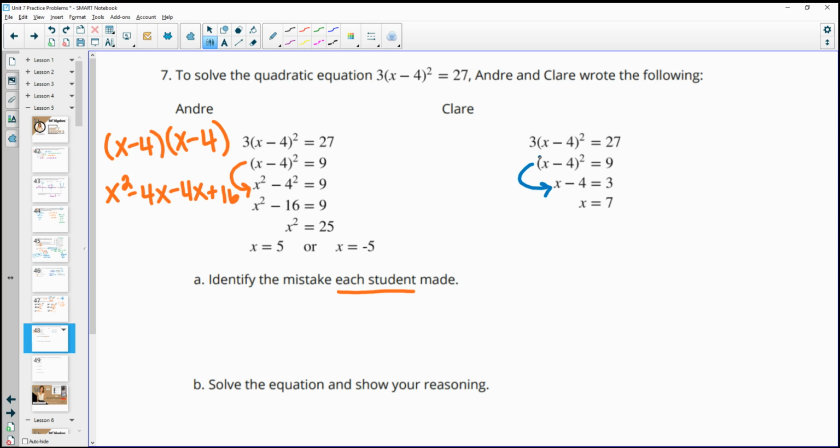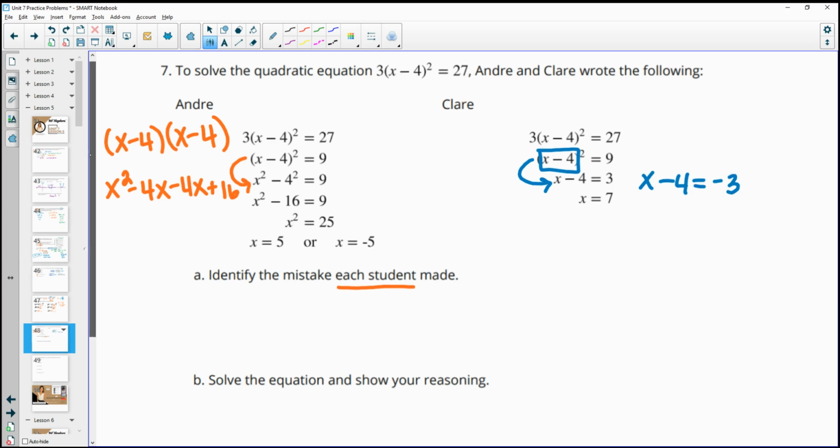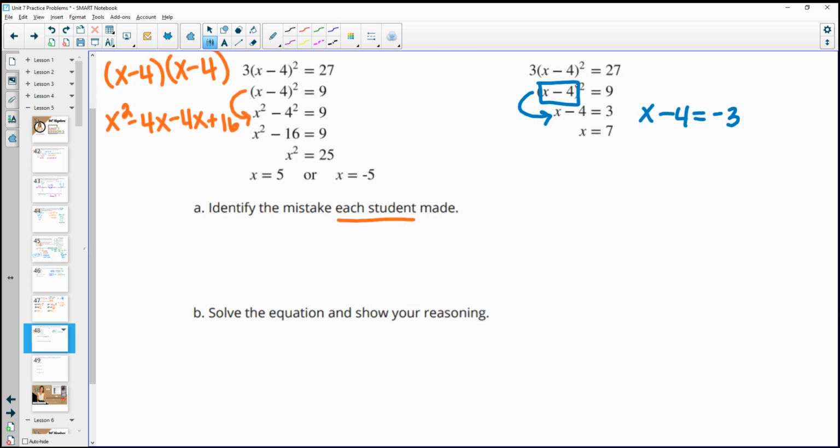And remember that this piece in here that's squared could equal positive 3, or it could equal negative 3. So she's missing the solution where it would be negative 3. So that's Claire's mistake.